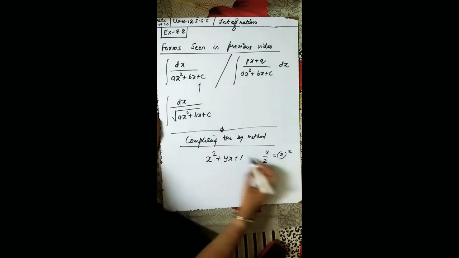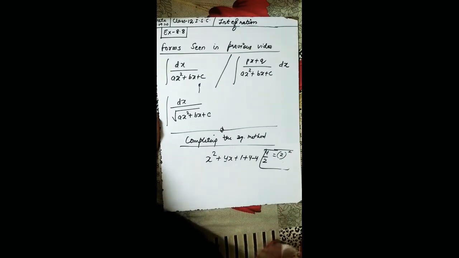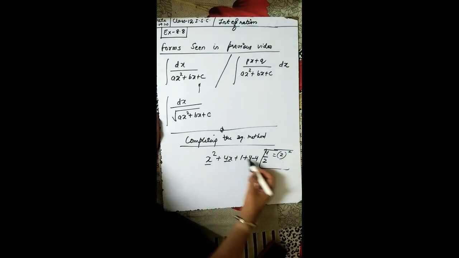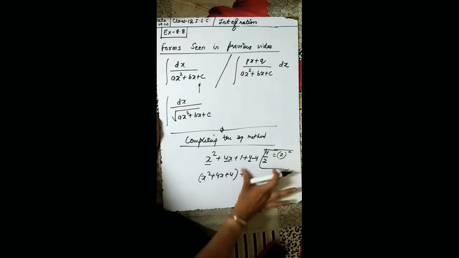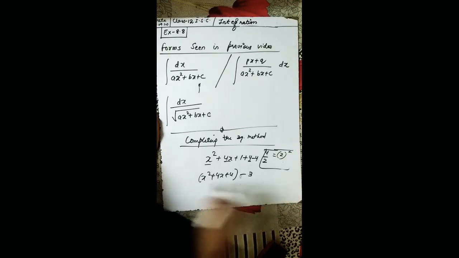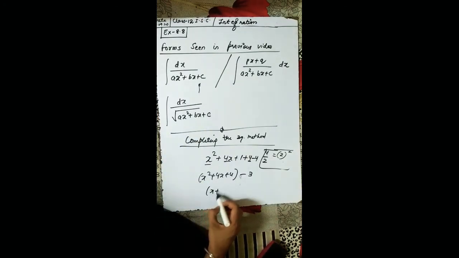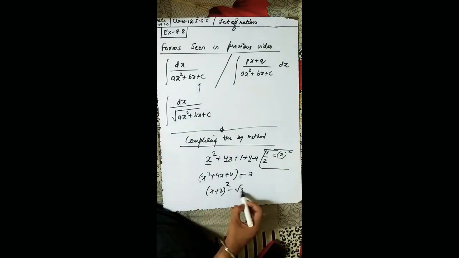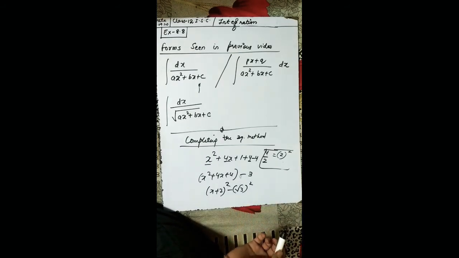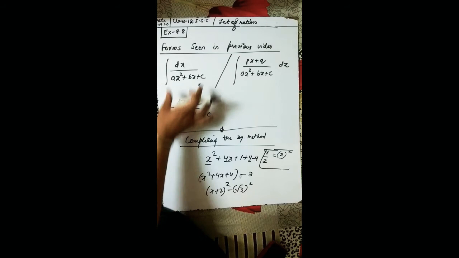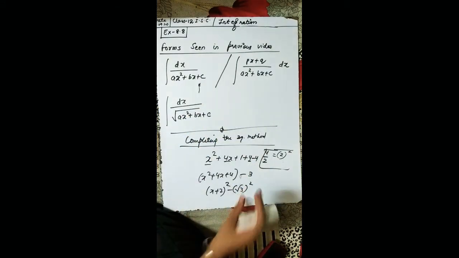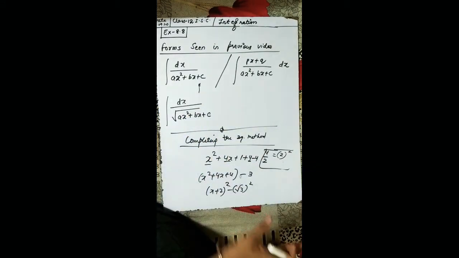So the square of 2 is 4, so we add 4 and we subtract 4, and then x square plus 4x plus 4 we write closely, and 1 minus 4 gives 3. Here we get x plus 2 the whole square minus root 3 the whole square, and we use the identity which is applicable here.